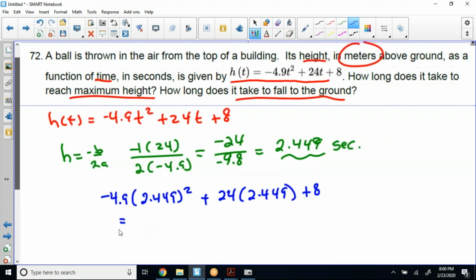So negative 4.9 times 2.449 squared plus 24 times 2.449 and then plus 8. What that gives us is this. It gives us 37.3878.